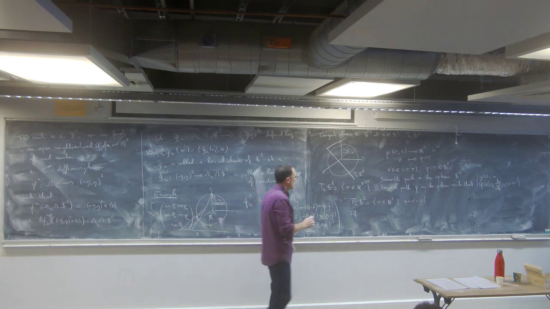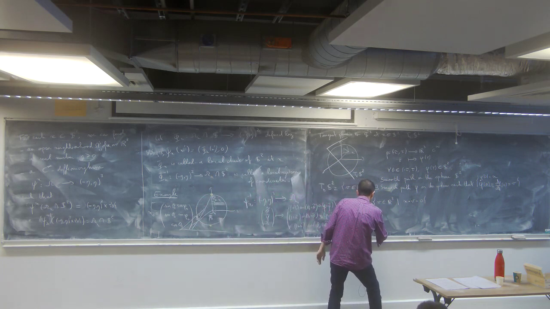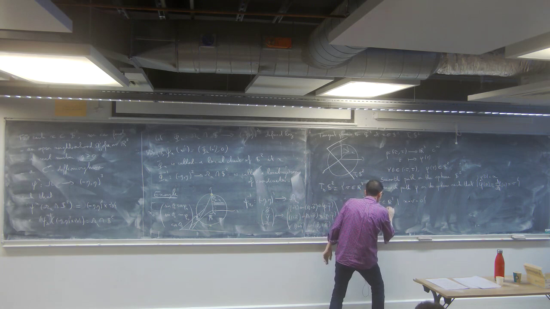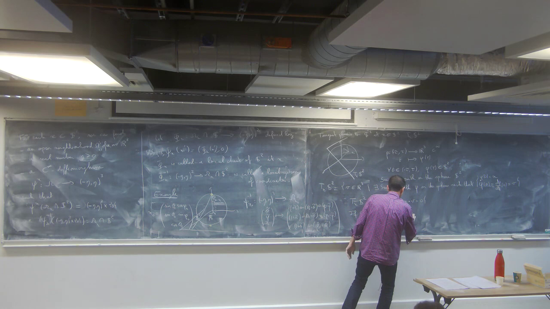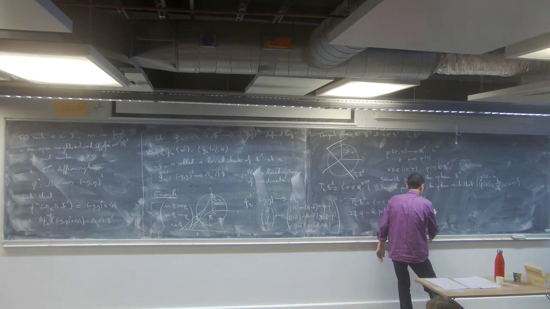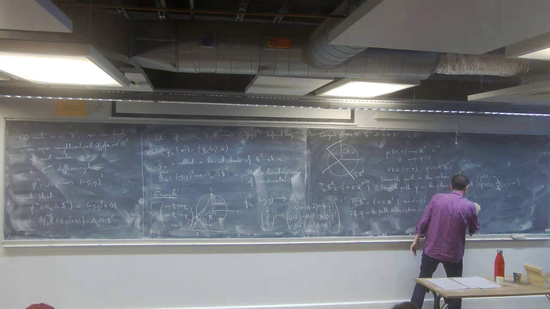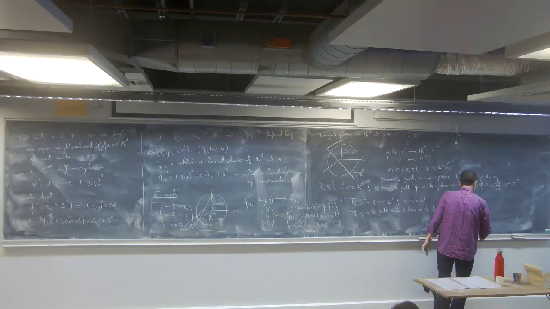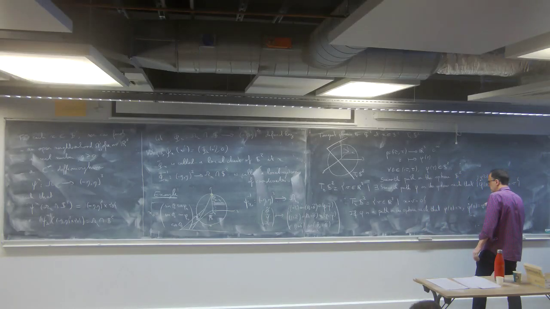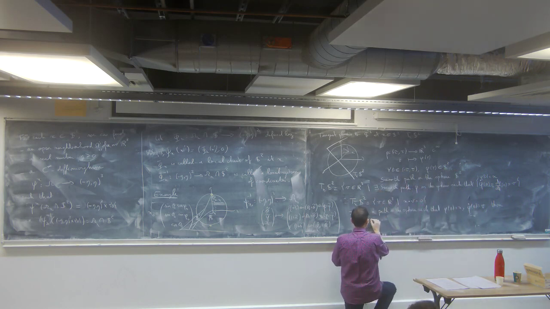So if phi is a path on the sphere such that phi of 0 equals x, phi dot of 0 equals v, then it's clear that the norm of phi of t is equal to 1 all the time. I can put a square if I want, because it's a point on the sphere, so the square of this norm is equal to 1 for all t.